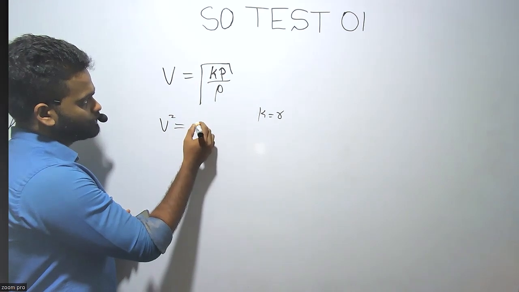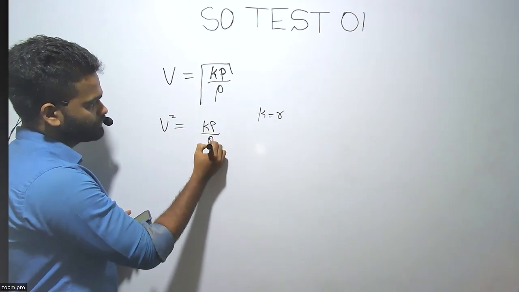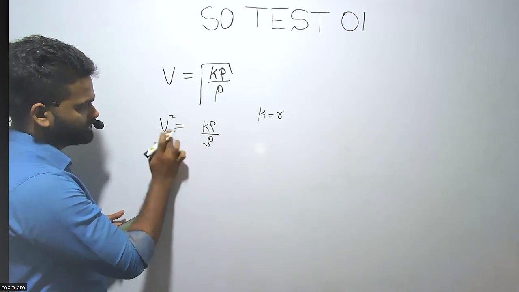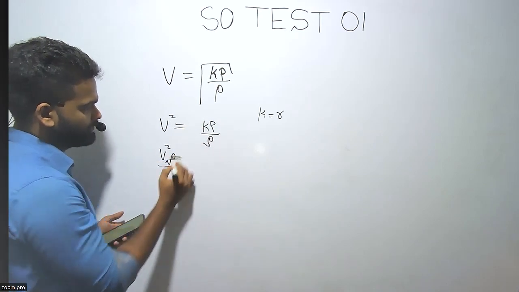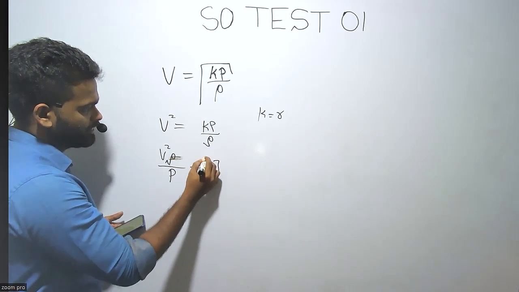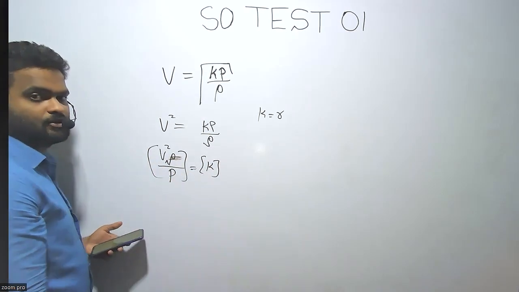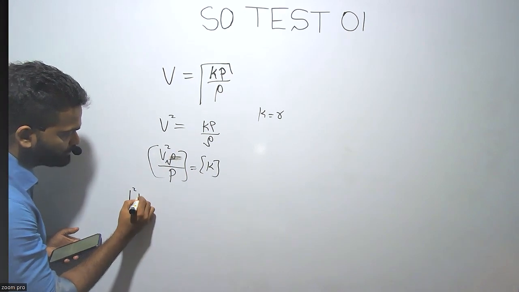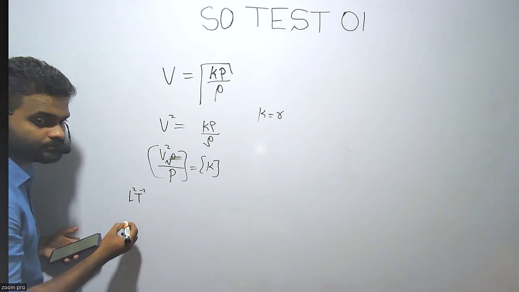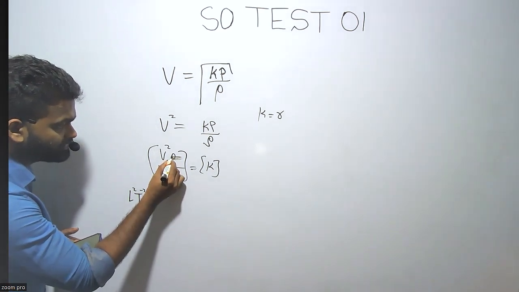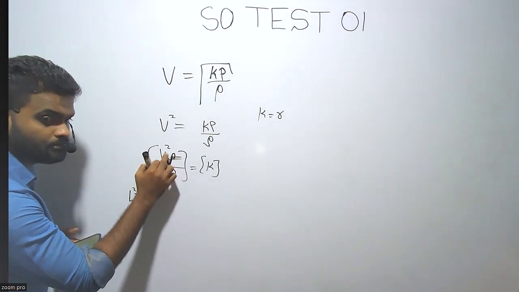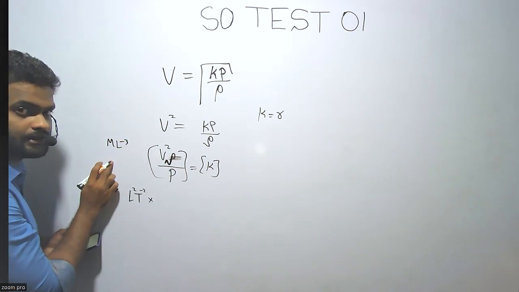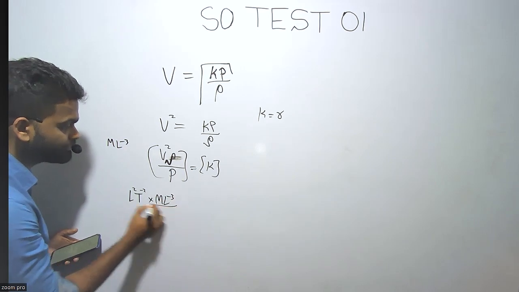I'll just square both sides: V squared equals k P divided by rho. I'll make k the subject. Cross multiply: k equals V squared rho divided by P. Then I can take the dimensions of both sides. V is L T minus 1, so when you square it, L squared T minus 2. Rho means density, that is mass divided by volume, L cubed, so this is M L minus 3.